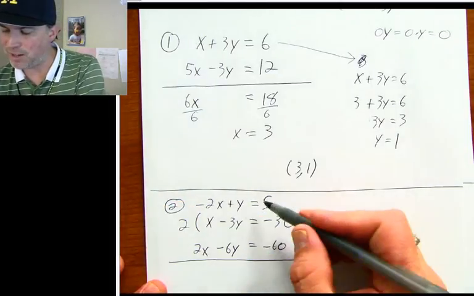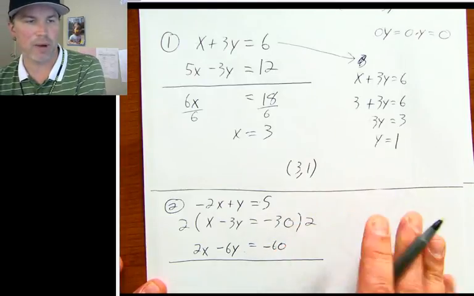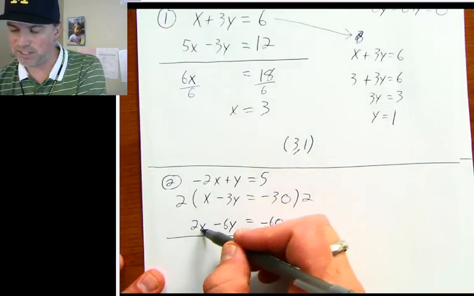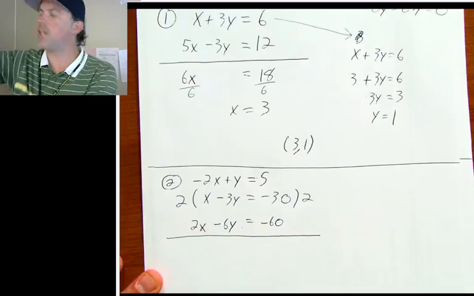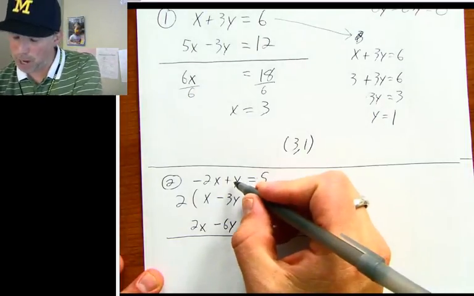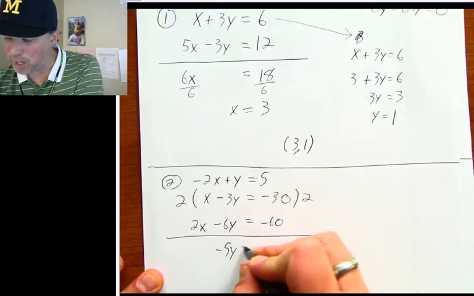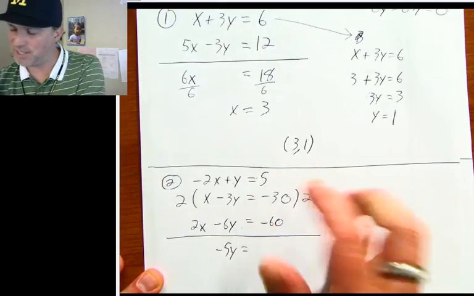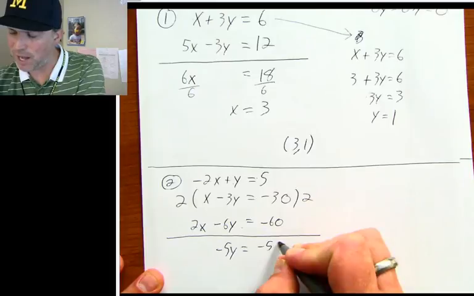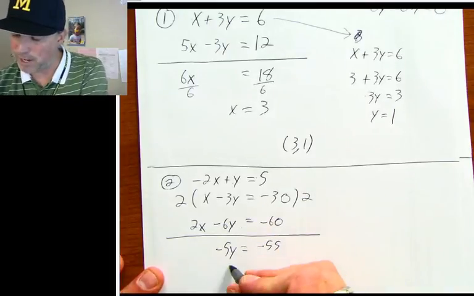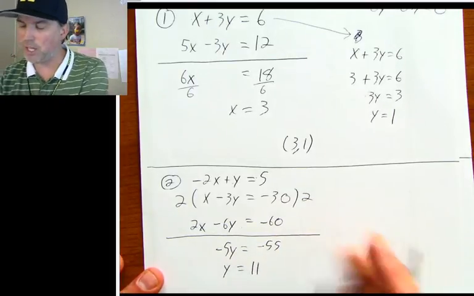So if I add this equation and this equation together now, negative 2x plus 2x, the x's have beautifully canceled out. Positive y and negative 6y, that's equal to negative 5y, and 5 plus negative 60 is negative 55. Divide both sides by negative 5, and you're going to get y equals 11.